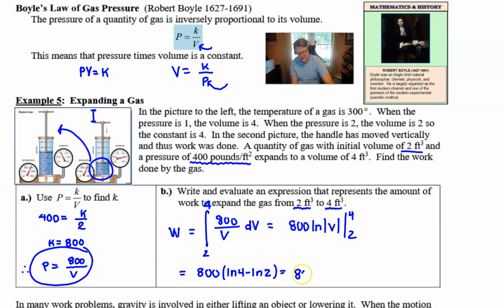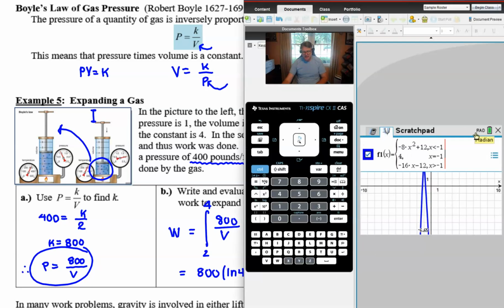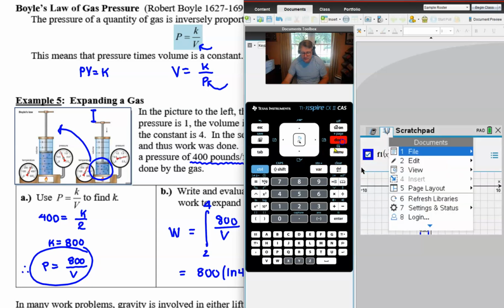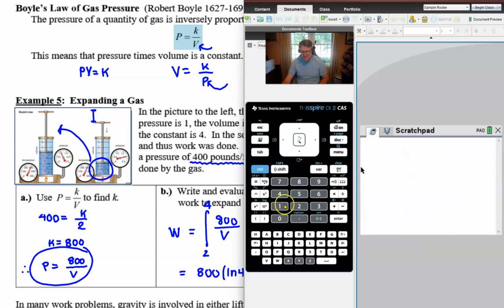You could simplify this, though. You could call this 800 times the natural log of 2. That would certainly work. But if I wanted to compute a decimal value, maybe I can grab the TI Inspire here real quickly. I don't need to do anything sophisticated with this.